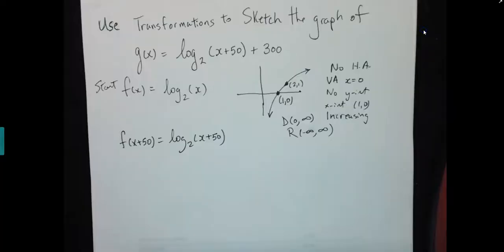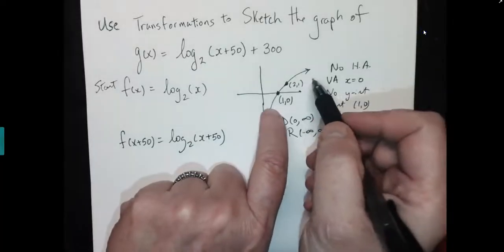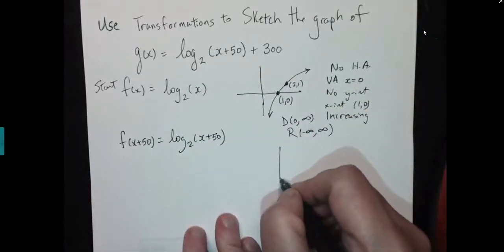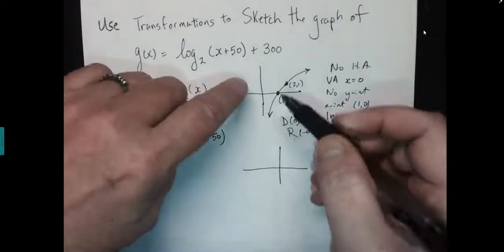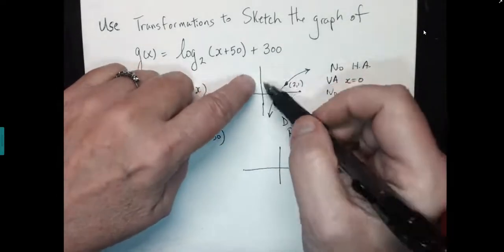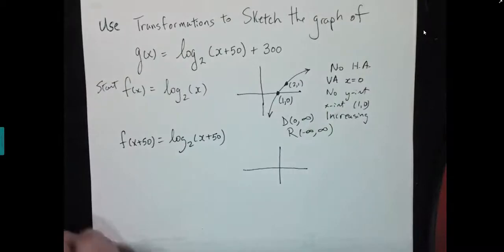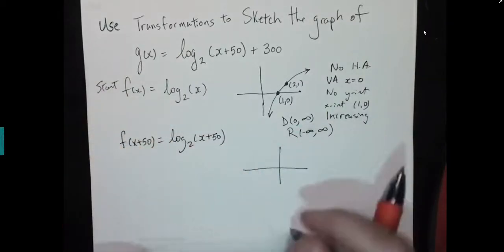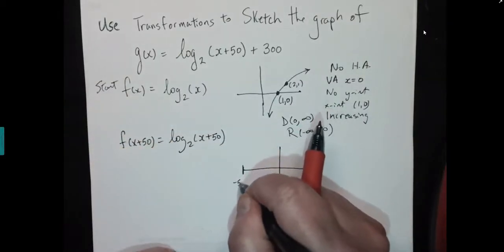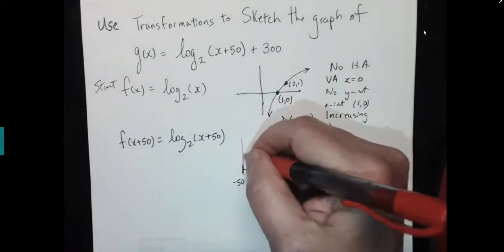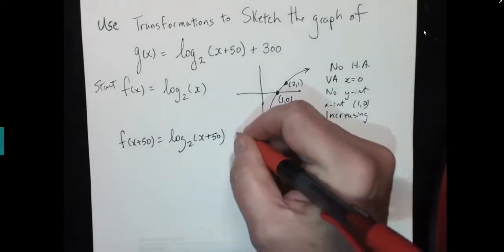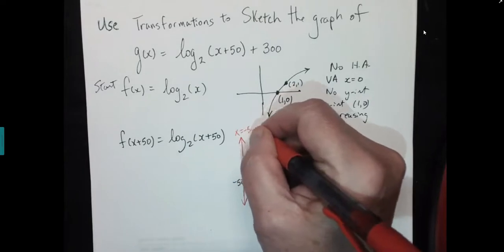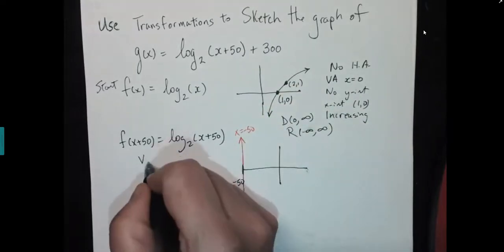So I'm going to take this one and shift it 50 units to the left. Where my vertical asymptote was the y-axis, my new vertical asymptote is going to be 50 units to the left.